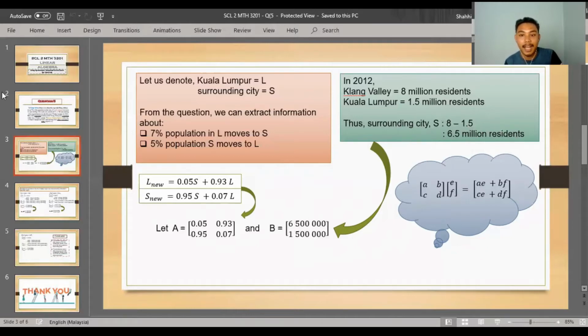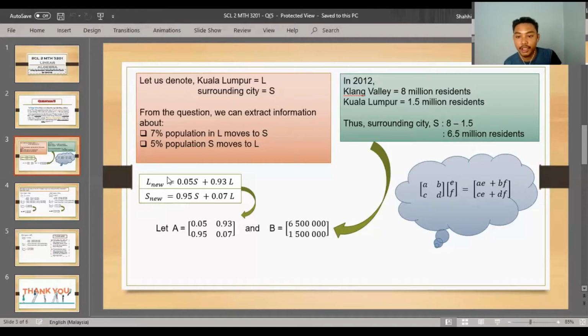So as we gather this information in these two boxes, we can create two equations here. For the first one, here is the equation to find the new population in Kuala Lumpur, and here is the equation for the new population in surrounding cities.